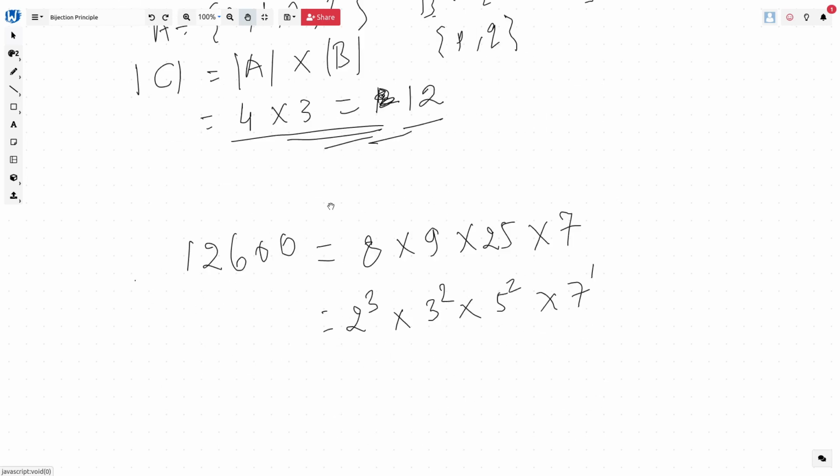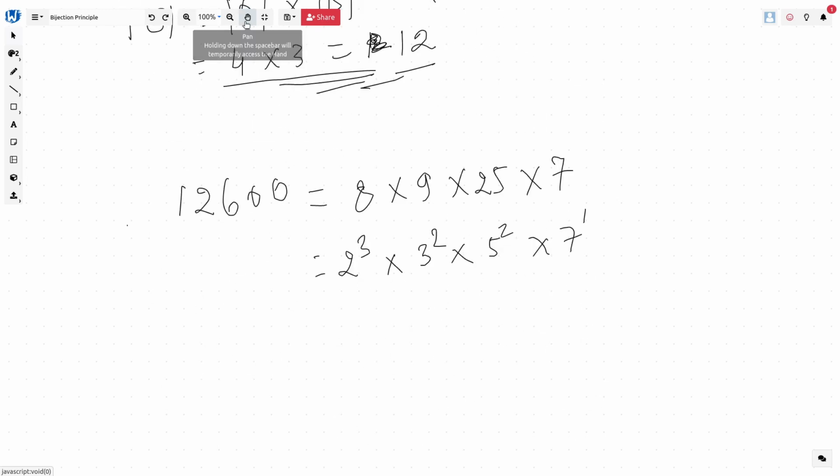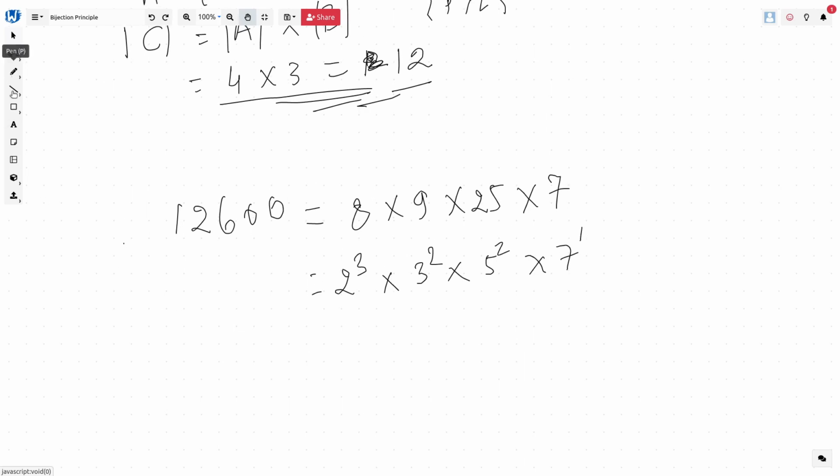Similarly, it will be a Cartesian product of 4 sets, with cardinalities 4, 3, 3, and 2. So the total number of divisors will be 4 into 3, which is 12, into 3 which is 36, and into 2, 72. So there will be 72 numbers which will exactly divide 12,600, right?